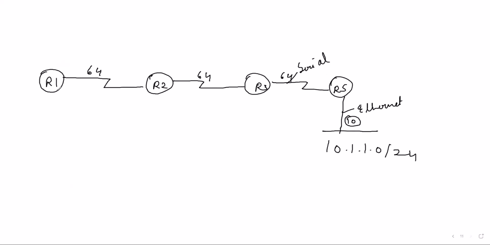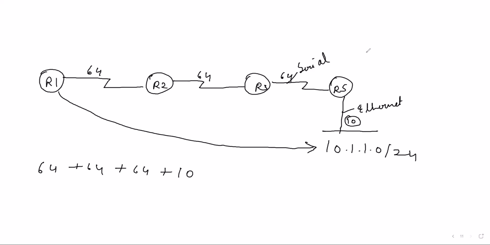If I want to go from R1 to here, my total cost would be 64 plus 64 plus 64 plus 10.